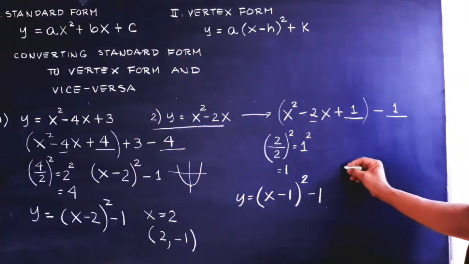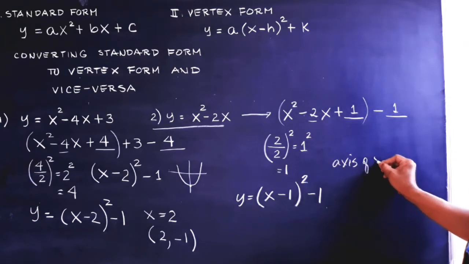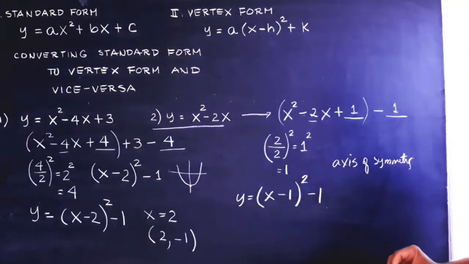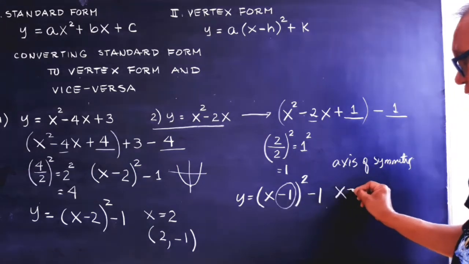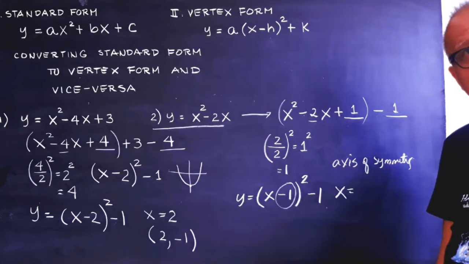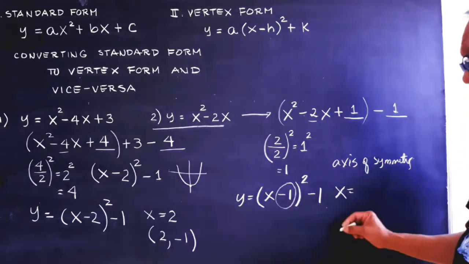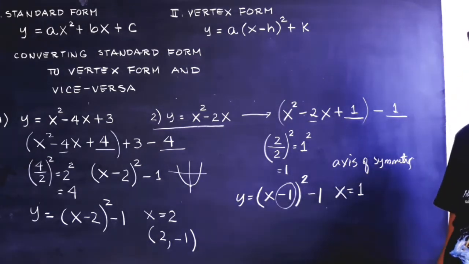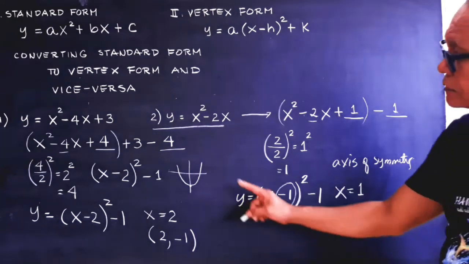Okay, class. So what is our axis of symmetry here, class? Axis of symmetry. This one is x is equal to, but remember to change the sign. It is not negative 1. So your axis of symmetry is simply 1. What is the coordinate of the lowest or highest?